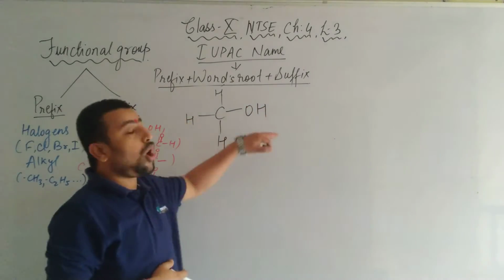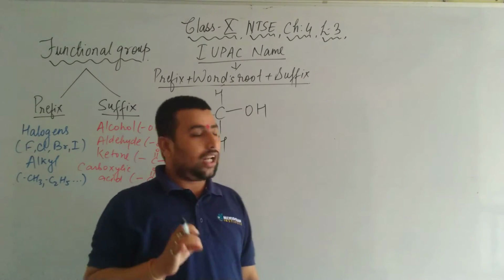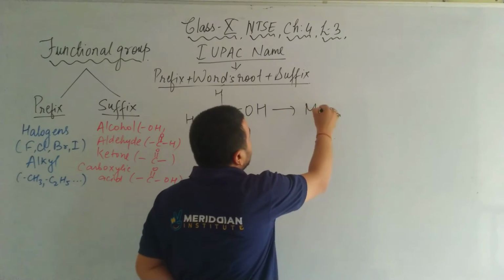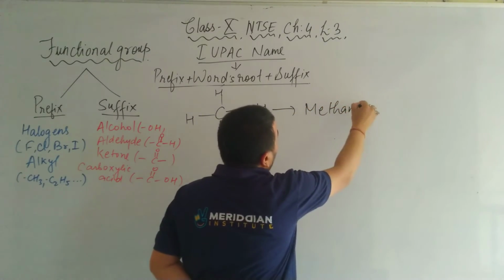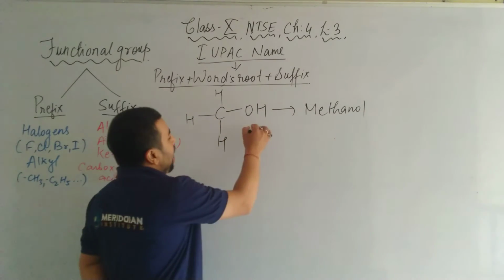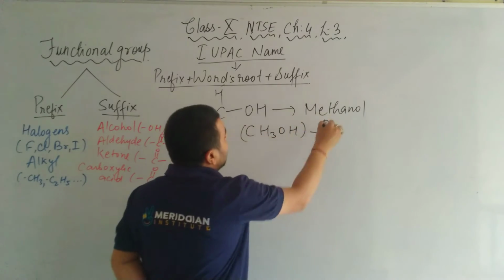This is the symbol of alcohol, OH. It is also written as ol. So the name of this compound will be methanol. What will be the name of the compound? Methanol. Its chemical formula is CH3OH, that is methanol.